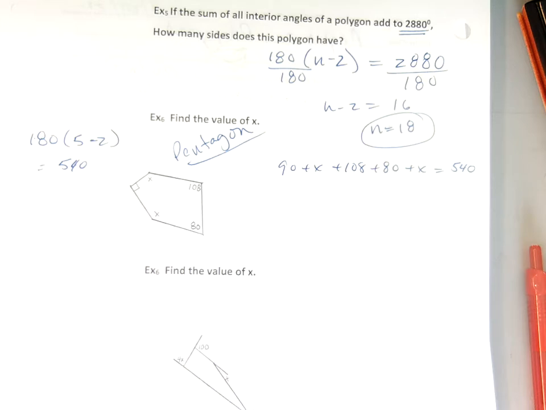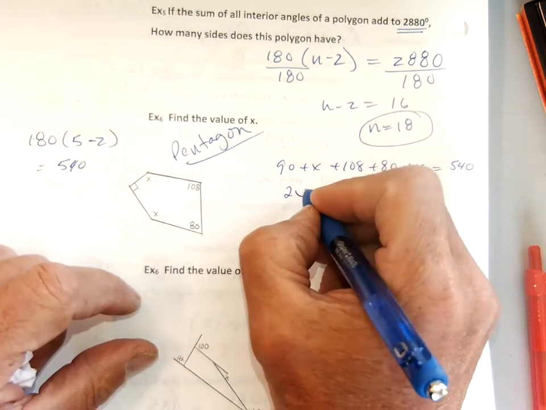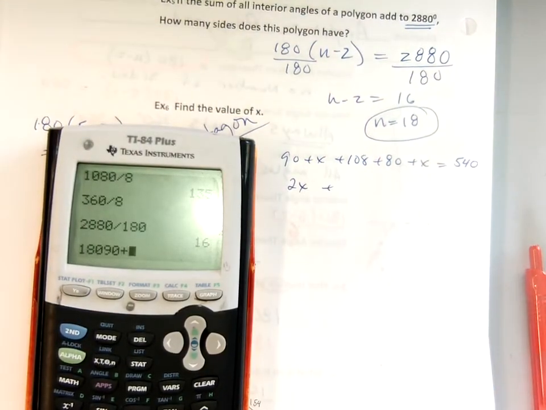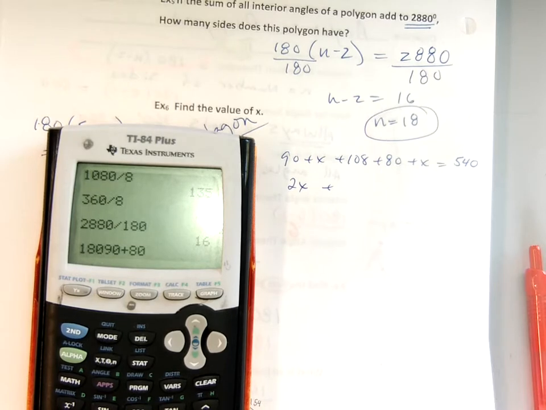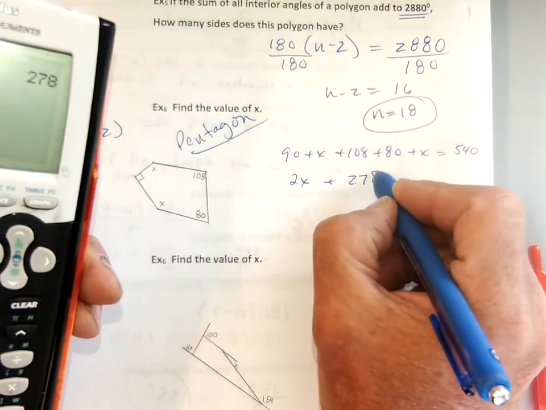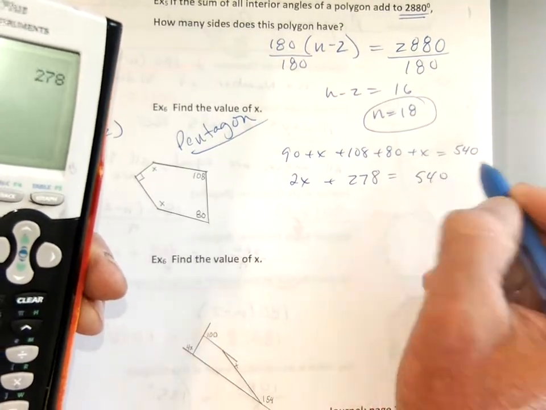So then I'm going to have 2x plus 90 plus 108 plus 80, that's 278, equals 540. I'm just solving for x now.